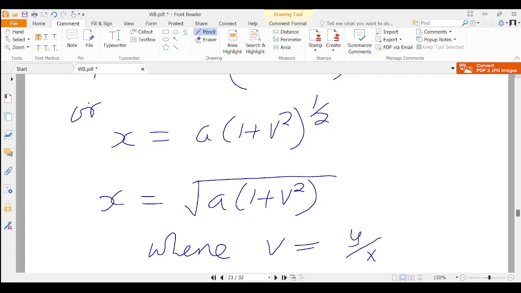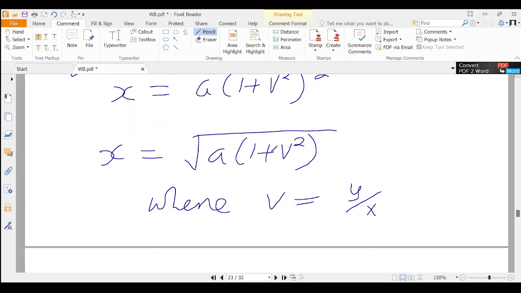Remember, y was v times x, and therefore v is y divided by x. So we can now substitute back our v and simplify. And basically, this is how the general solution will look. A here is an arbitrary constant of integration.